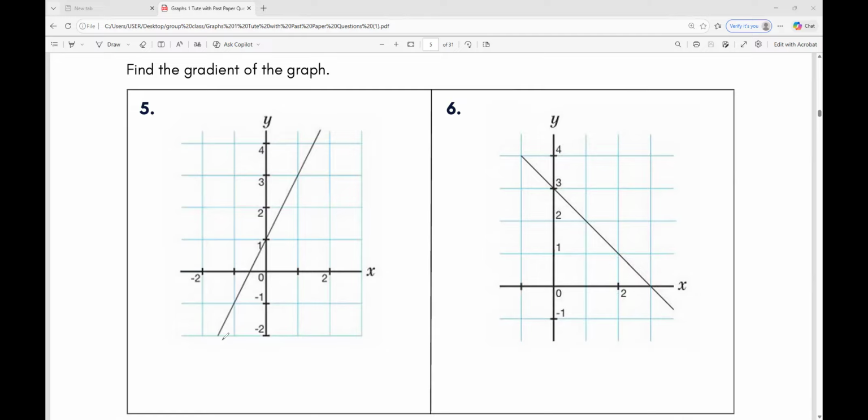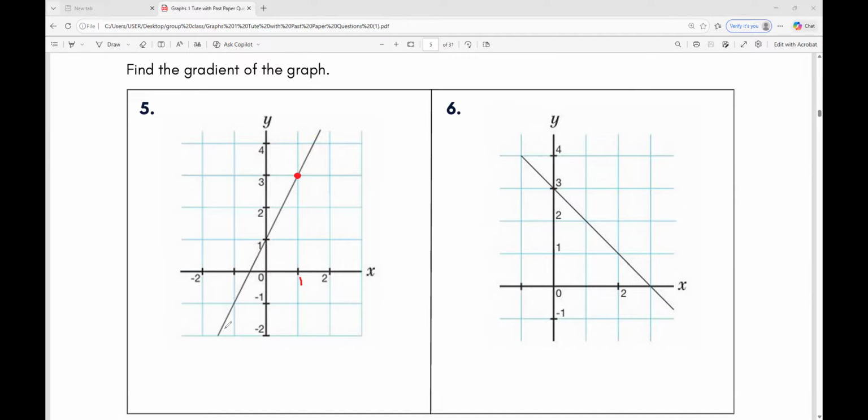When you are selecting the points, don't select a point like this, because the x coordinate comes as a decimal or a fraction. It's not a whole number. The y coordinate is 4, but the x coordinate we don't know. It is 1.5 or 1.6. We can't find it accurately. So when you select points, select points like this. Both are whole numbers.